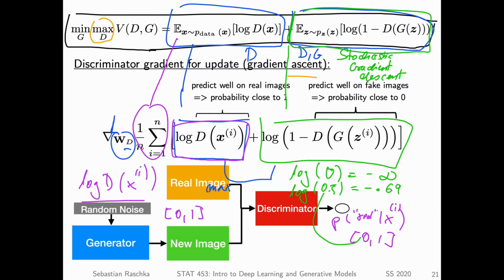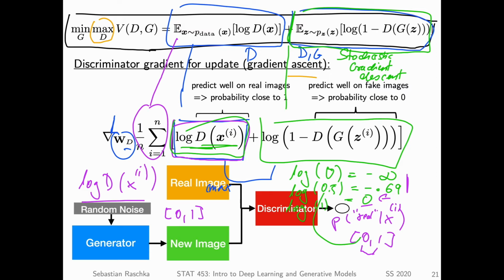And lastly, log 1 would be exactly 0. So when is this part maximized? It's when we have the highest value, and the highest value is 0 based on all the possible inputs. The input domain would be 0 to 1. If we input a 1 here, we get 0, which is the highest value because the others are negative values.